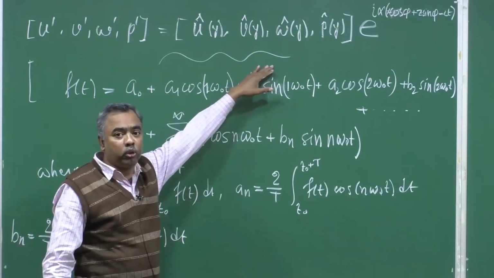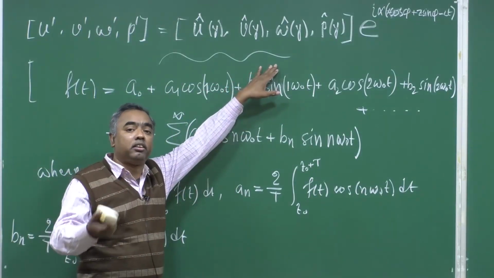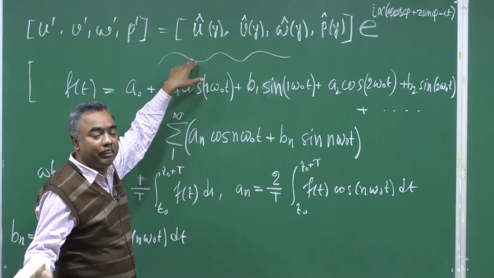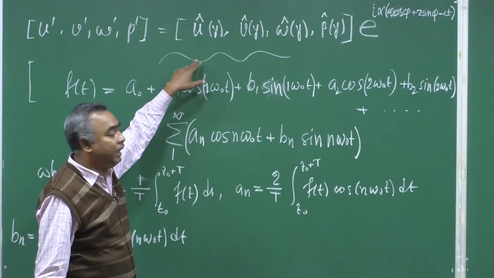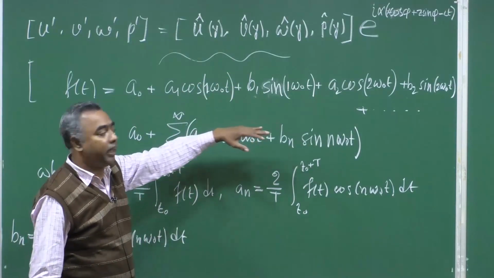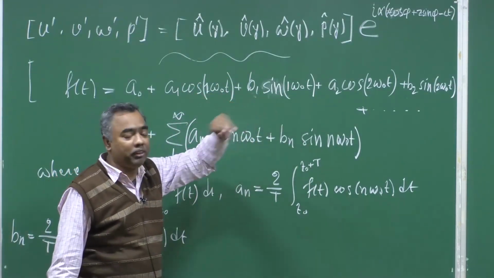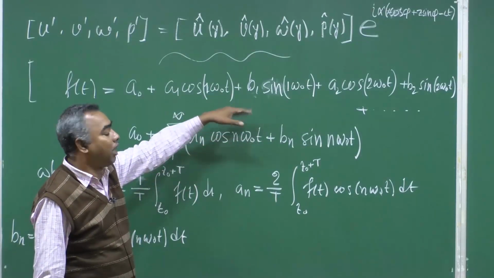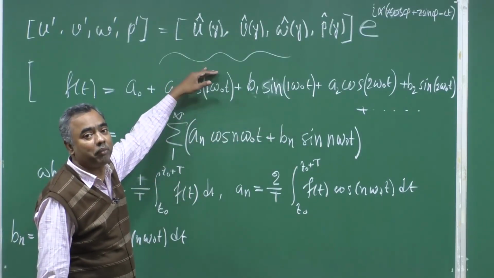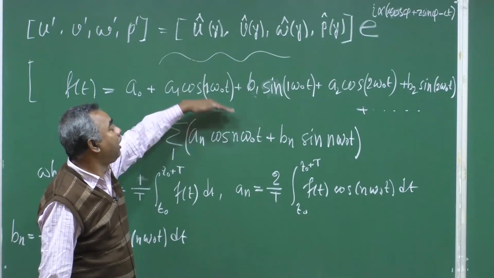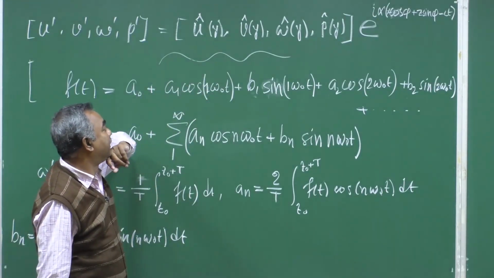If it is composed of several such frequencies, let us say 2 omega naught, 5 omega naught, 7 omega naught and so on, then the corresponding coefficients will also be non-zero, and the value of each coefficient tells us the contribution. The higher the value, the higher the contribution of that particular frequency in that signal. That is what this analysis tells us.